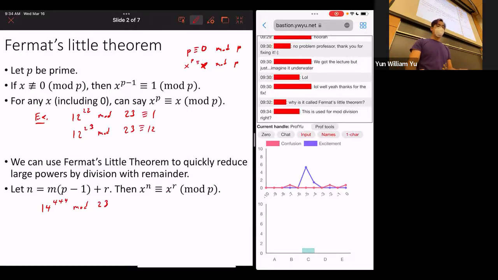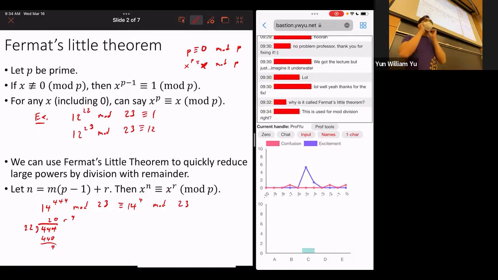Well, what's that equal to? You can just take 444 divided by 22, not 23. That gives you 20, so that's 440, remainder 4. So that is congruent to 14 to the 4 mod 23.